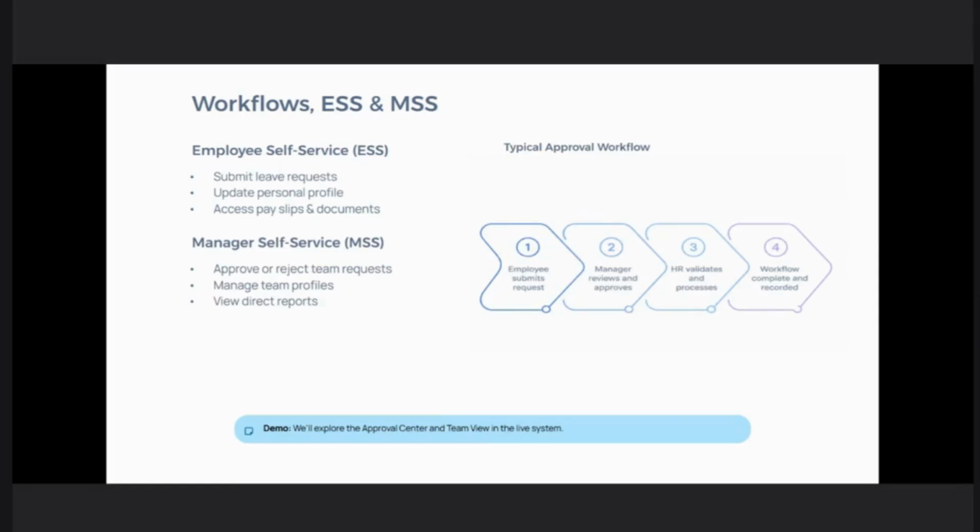Through Employee Self-Service, which is ESS, which allows employees to update personal details, apply for leaves, access documents, view organization information. And Manager Self-Service, which is MSS, allows managers to approve requests, review team information, and initiate employee changes.